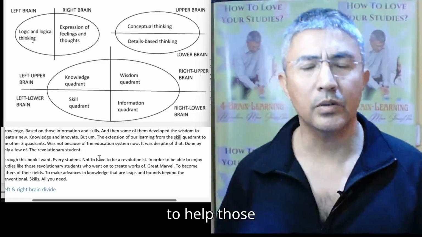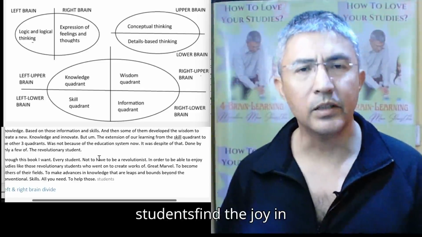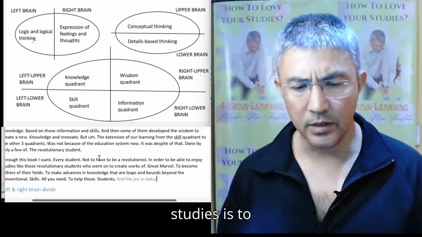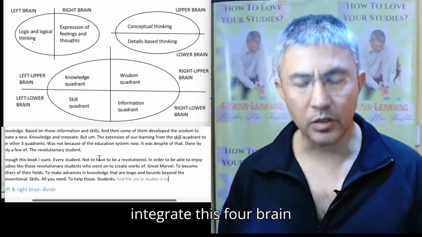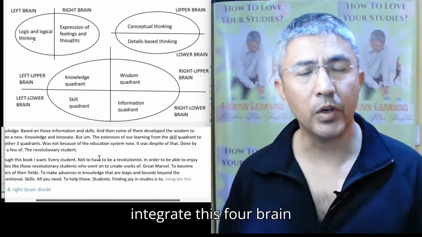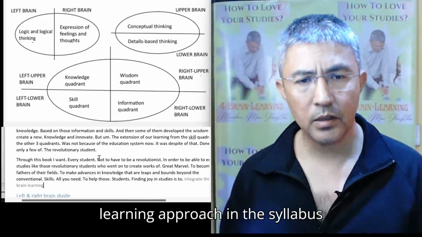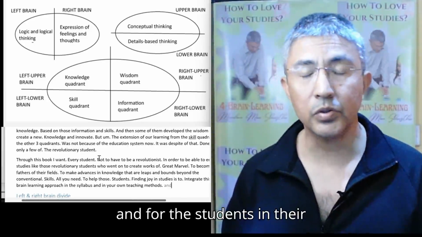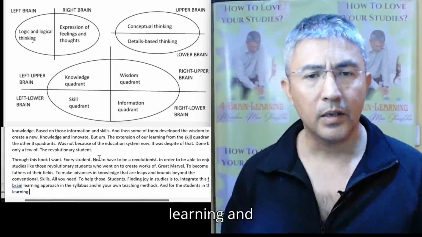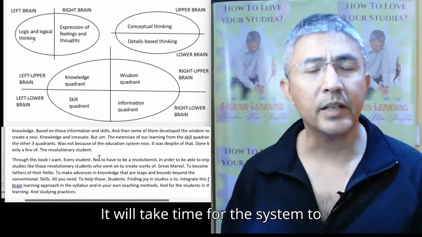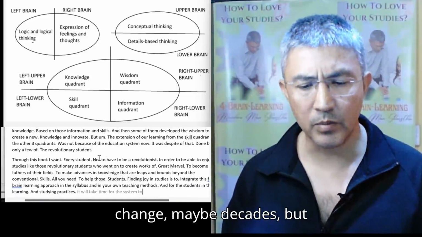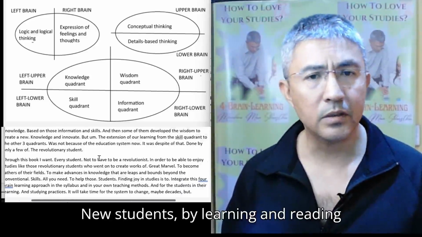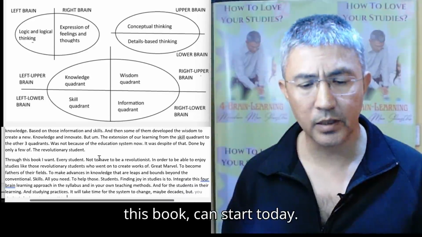All you need to help those students find the joy in studies is to integrate this four brain learning approach in the syllabus and in your own teaching methods, and for the students in their learning and studying practices. It will take time for the system to change, maybe decades, but you students, by learning and reading this book, can start today.